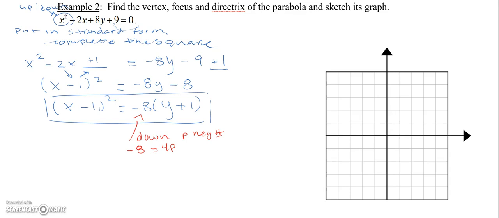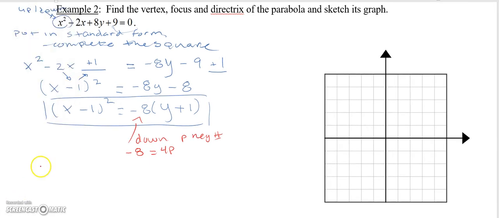So I know my p is -2. Additionally, I know that my h is +1 and my k is -1. Because remember, it's x minus your h and y minus your k. So I have my vertex is at 1, -1.